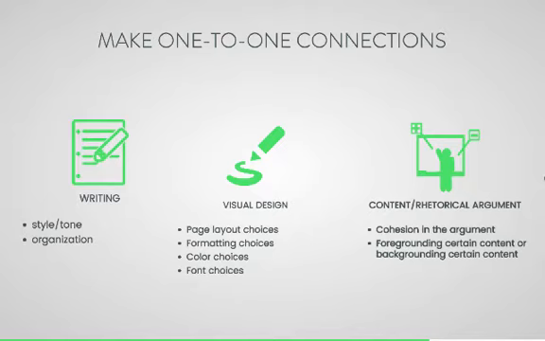You're not revising a sentence or editing a sentence because that sentence doesn't exist in there. So it's really looking at the cohesion of arguments, foregrounding certain content or backgrounding certain content, right? So these are the kinds of changes you would make as an editor that I'm arguing you should make one-to-one connections via your audience analysis.